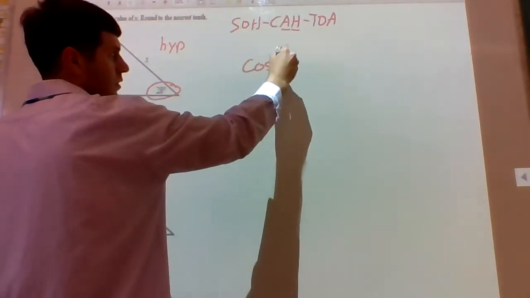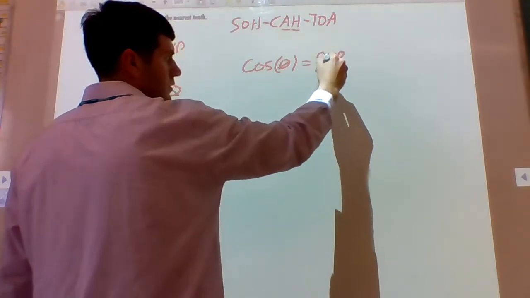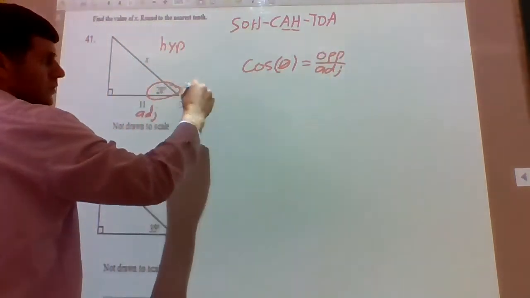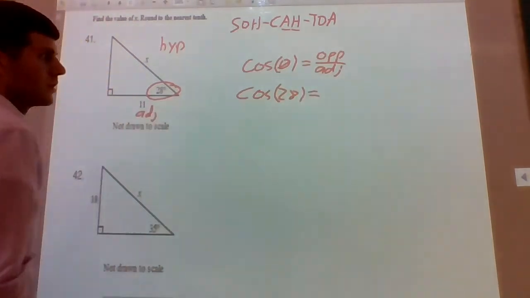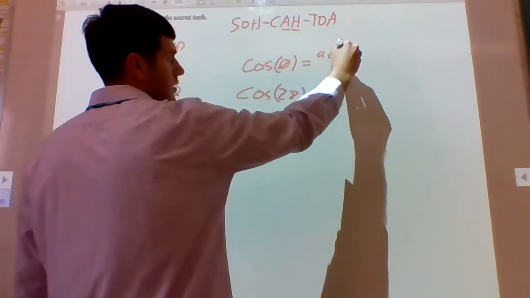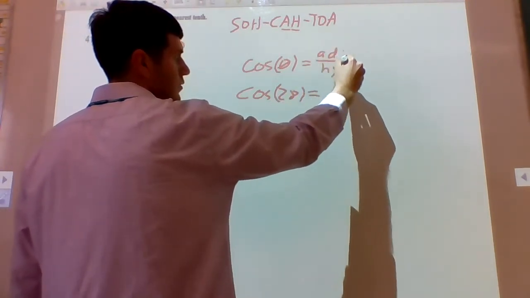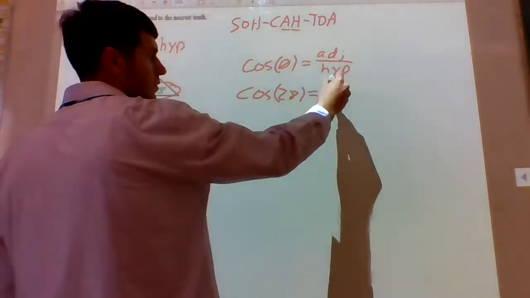So our formula is cosine of theta equals adjacent over hypotenuse. The angle is 28, so it's going to be the cosine of 28 equals adjacent over hypotenuse. The adjacent is 11, the hypotenuse is x, so 11 over x.